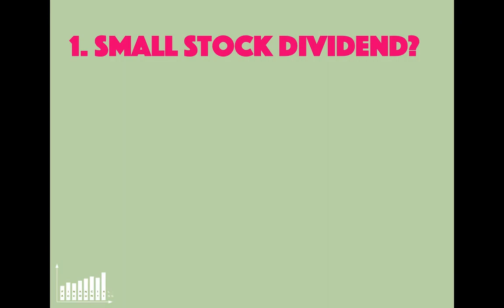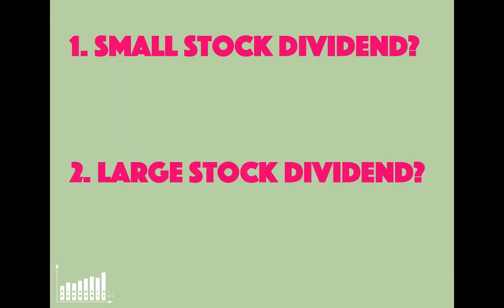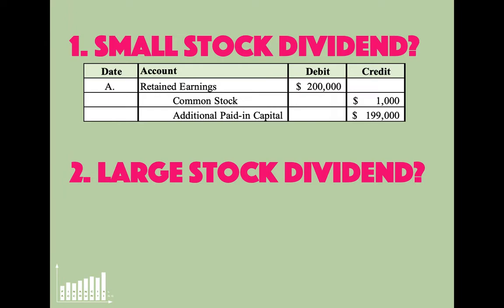Now, small stock dividends, as a result, get recorded like this. We're going to debit retained earnings for the market value of the dividend, take it out of retained earnings, and we're going to record it as common stock and APIC. It's going to be recorded as common stock at par as always, but the APIC amount is the amount above par based on the market value.